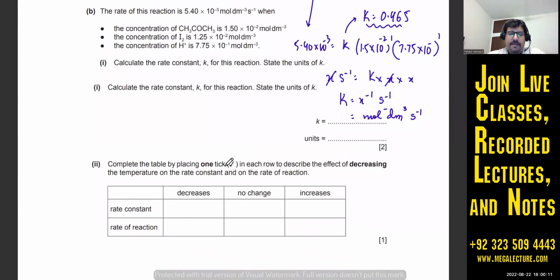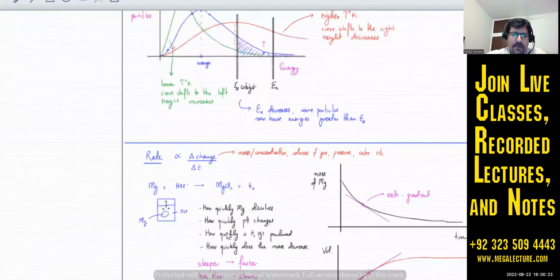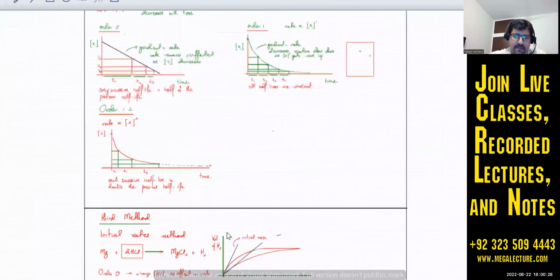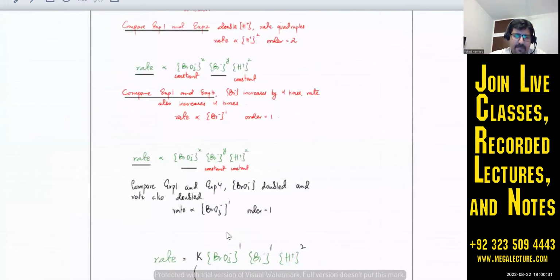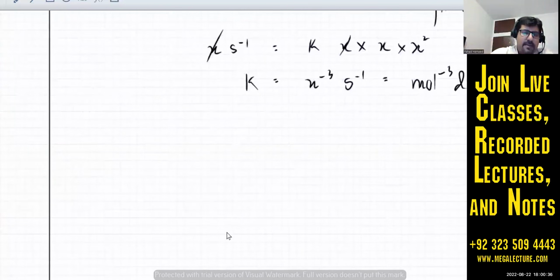Okay, complete a table placing one tick. This one is about the effect of decreasing. One thing that we did not mention over here was the rate constant. It's a small point. Where did we study rate? We did three methods of finding the order of a reaction, so I'll just add it somewhere. About the rate constant: remember, whenever you have a rate equation, it looks like this.